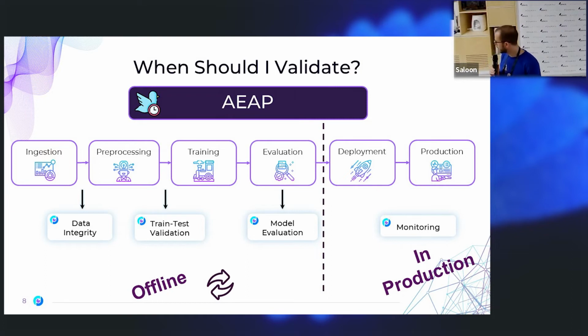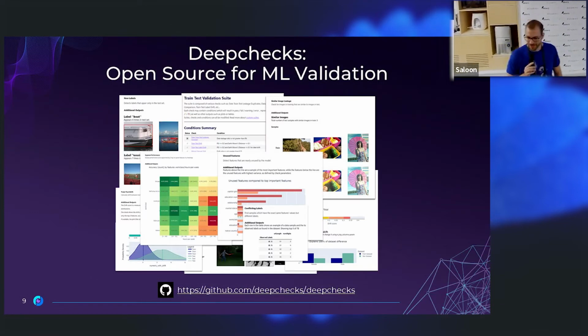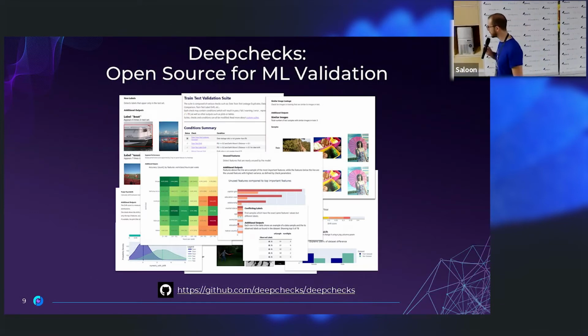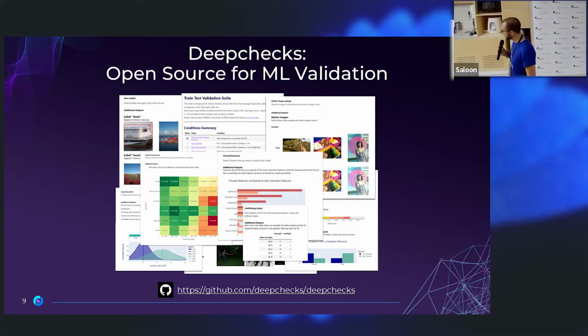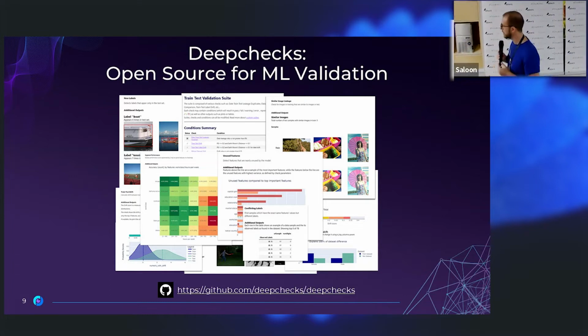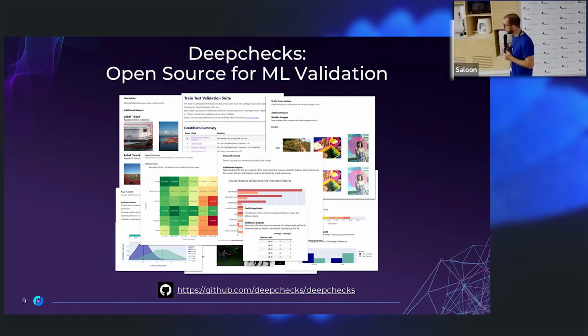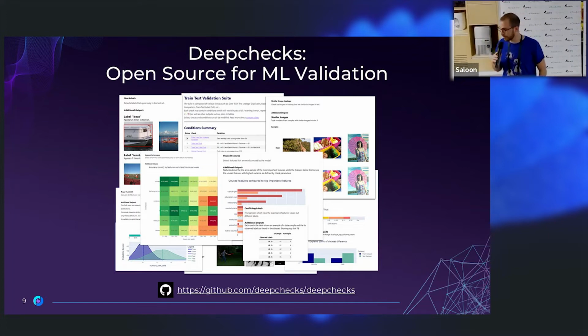And I'll give later on examples for each one of these three points on the left. I just introduced you to a whole lot of problems, so it's on me to give a solution. And the solution we built is the Deepchecks testing package. And our philosophy when building this open source package is that, of course, it should be, as every open source tool should be, extendable, customizable, you should be able to do with it whatever you want.